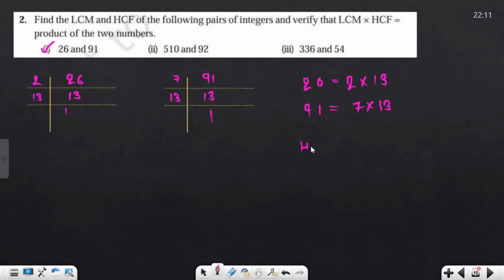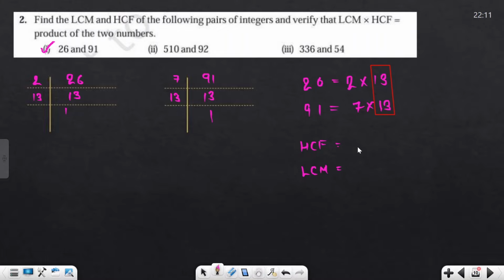Now our target is how we find HCF and how we find LCM. Okay, HCF is the highest common factor. In HCF we take only the common term. Here the common term is 13.